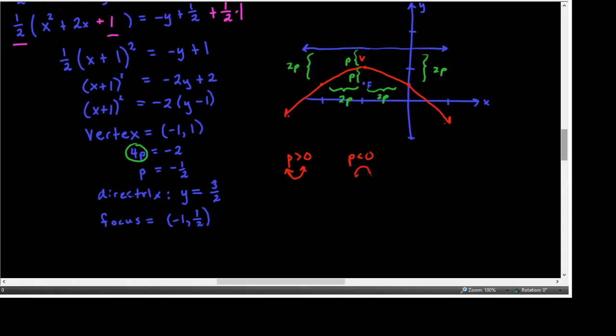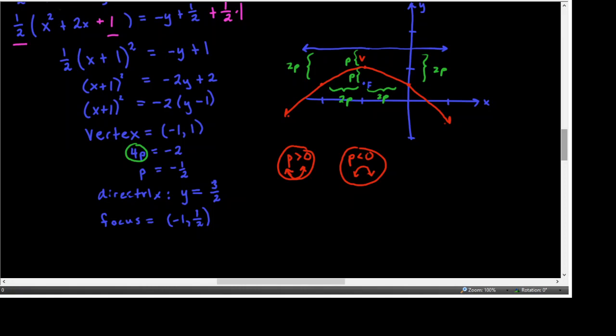So if p is positive, it's kind of like having a good day, you're happy and you have a little smile on your face. But if p is negative, which is kind of a downer, kind of negative and bad, you have a little frown on your face. I don't know if that helps you, but it's silly. But nevertheless, some people find that to be something they can remember.